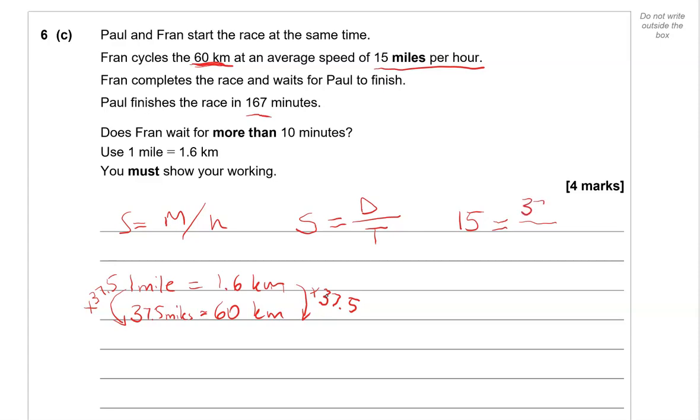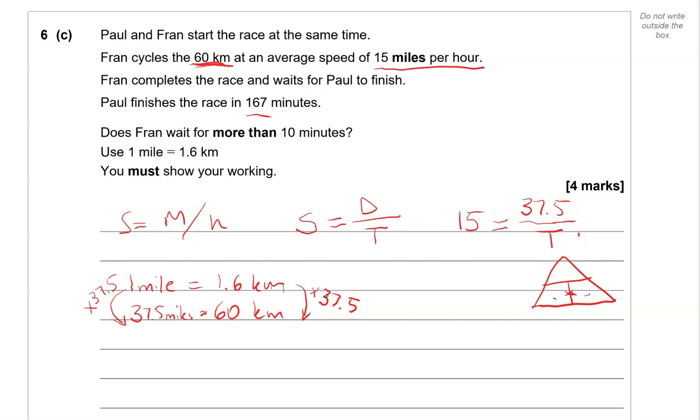So we know now what to put here at the top. So 37.5. Do we know the time? No, we don't. That's what we're going to work out. So practically we're saying 37.5 divided by this number here, which is represented by t, gives us 15. What we can do instead to work out t, we can do 37.5 divided by 15, because it's like this triangle here.